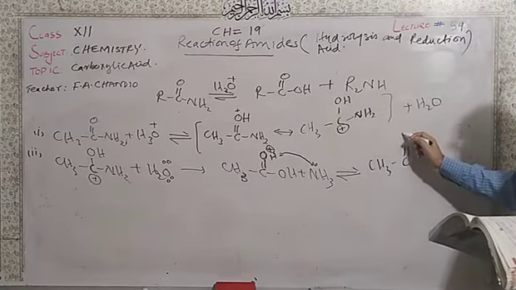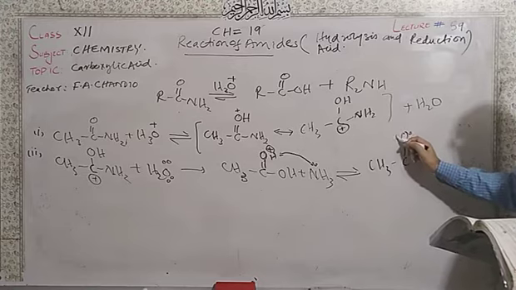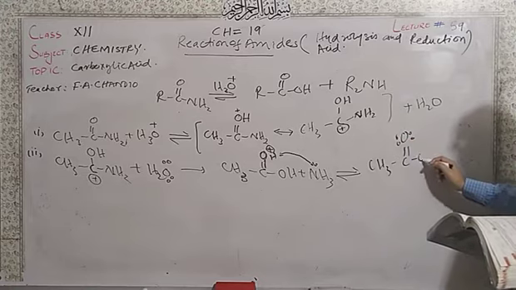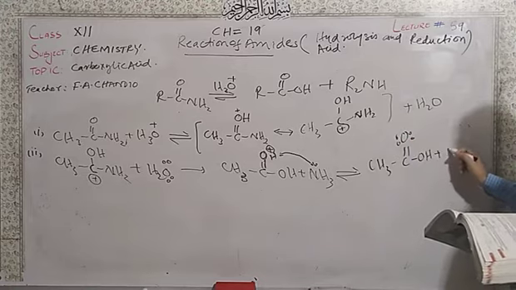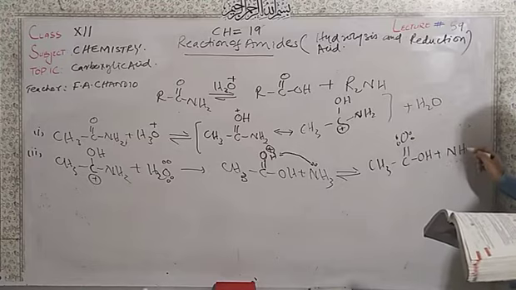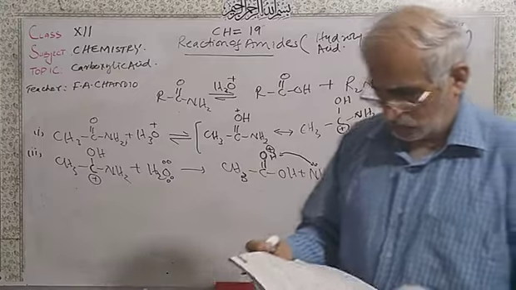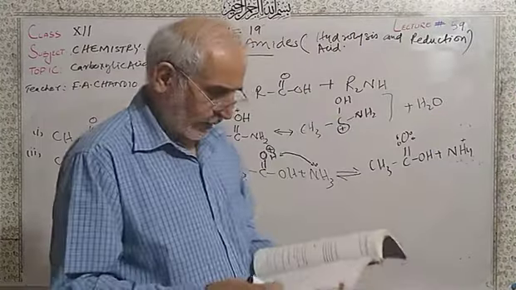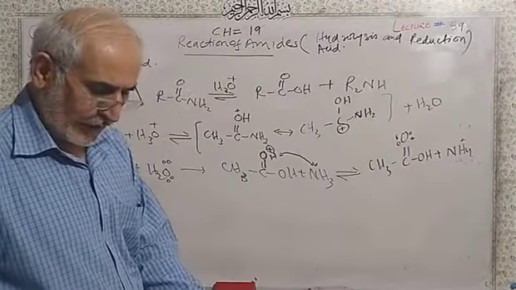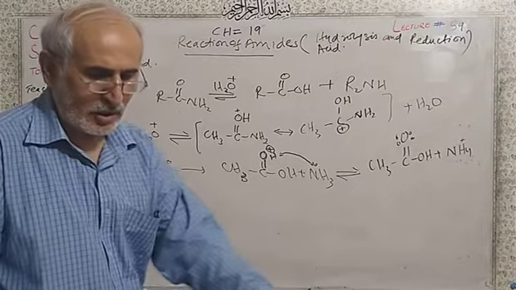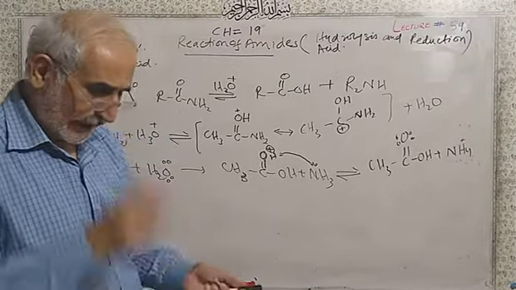The double bond oxygen and the OH are there. The carboxylic acid is generated, along with the ammonium ion. So this is the acid hydrolysis of amides.